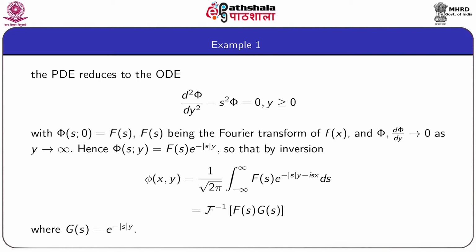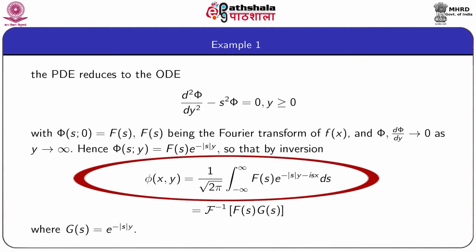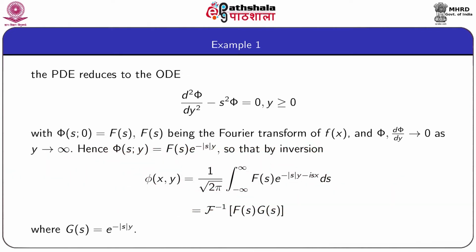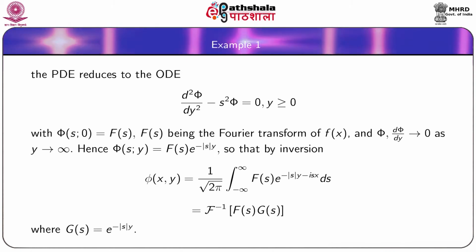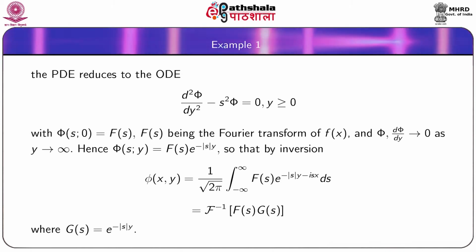So, using these two boundary conditions, we can write the solution of this ordinary differential equation as Φ(s,y) equal to F(s) e^{-|s|y}, and after taking the inversion of capital Φ, we obtain the solution small φ of the Laplace equation as φ(x,y) equal to 1/√(2π) integral from minus infinity to plus infinity F(s) e^{-|s|y - isx} ds, which is the Fourier inversion of F(s) into G(s).